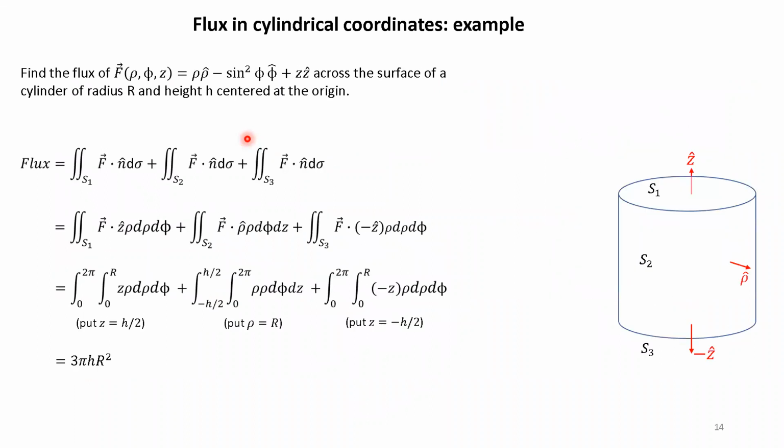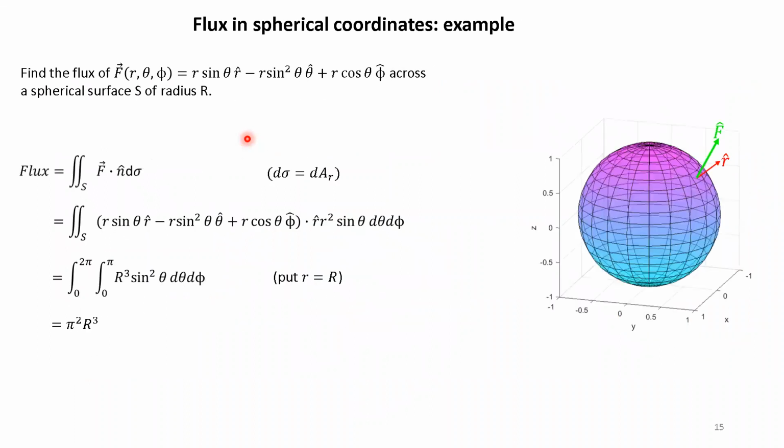Okay, and then the second example, which is the flux through the spherical surface. I'm sure that maybe you are learning, or you will, or you have learned about Gauss' law, where you find the flux of an electric field. One typical situation is that you want to find the flux through a closed spherical surface.